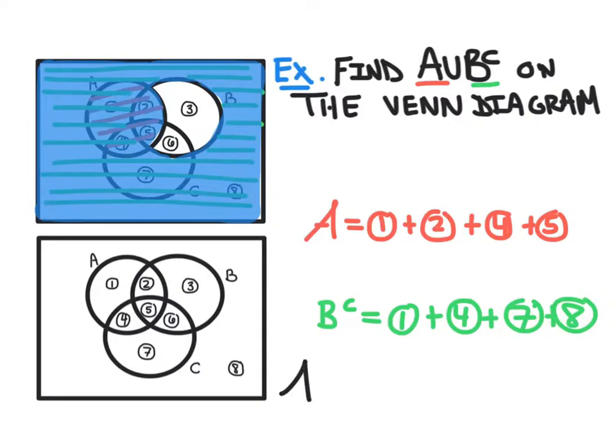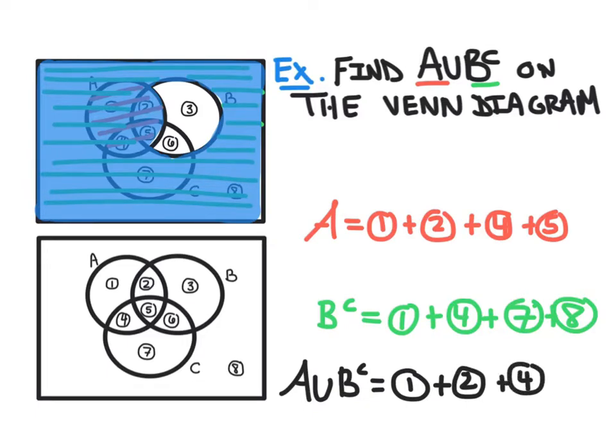Now the union is the joining together of the red and the green here. So it's going to consist of anything that's in red or in green. So red has 1, green also has 1, but we won't write it twice. Red has a 2, red has a 4, green also has a 4, but again we won't write it twice. Red has a 5, green has a 7, and green has an 8.